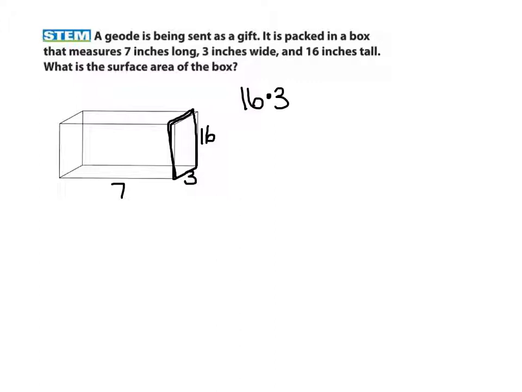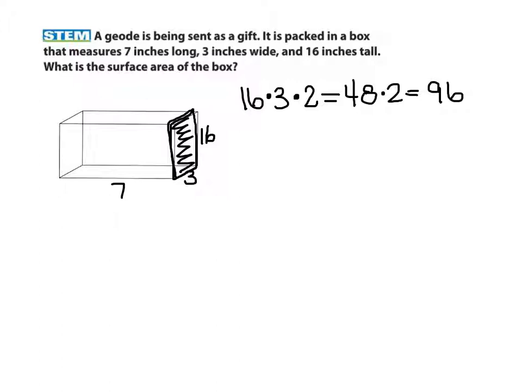But we have a second one on the other side, so times 2. 16 times 3 is 48, and then 48 times 2 is 96. So that covers this area right here on both sides.